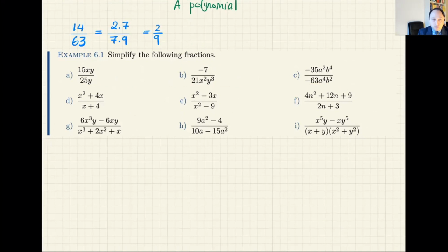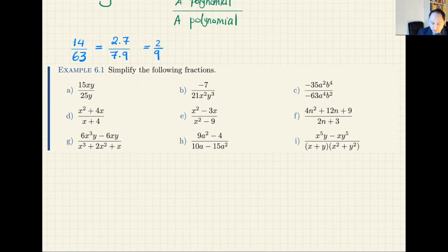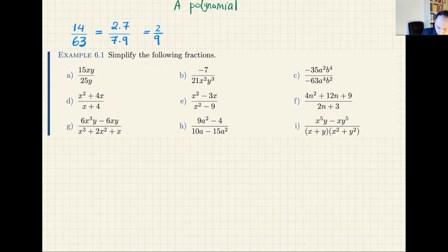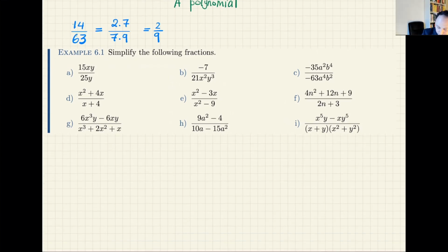Is the numerator in factorized form? Yes. Is the denominator in factorized form? Yes. So if I want you to simplify a rational expression, your duty is to fully factorize the numerator, fully factorize the denominator, and then remove the common factors. These are the things that you need to do. Okay, so let us do it together, okay?